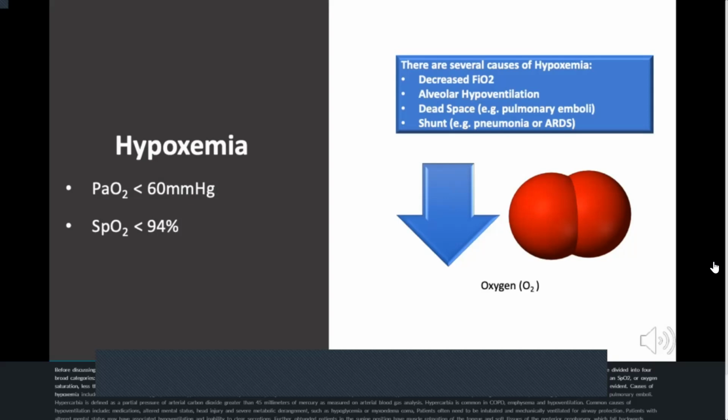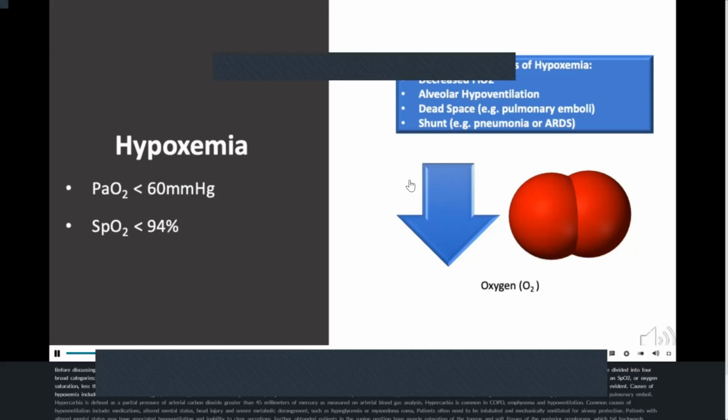Causes of hypoxemia include decreased inhaled oxygen, alveolar hypoventilation, and VQ mismatch. VQ mismatch includes both dead space and shunt. It is common in several pathologic clinical states, including pneumonia, ARDS, and pulmonary emboli.